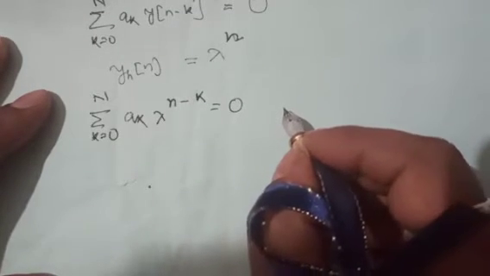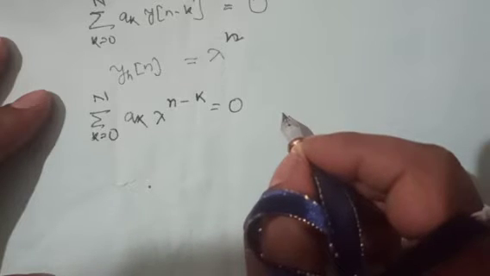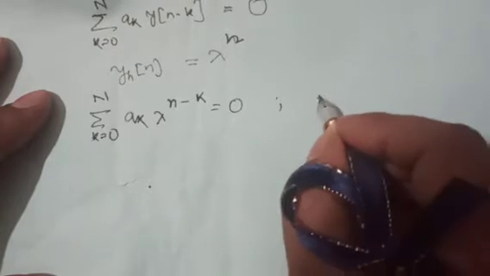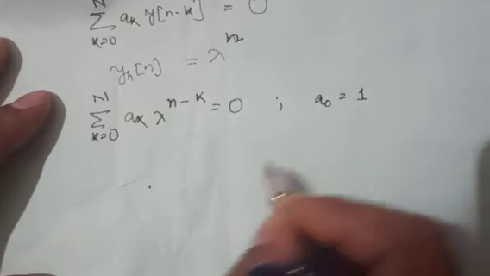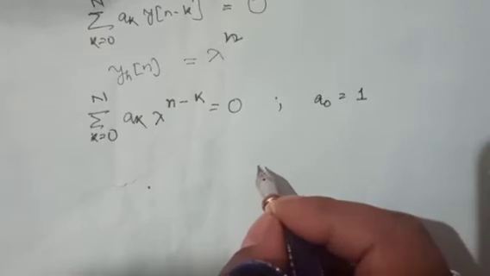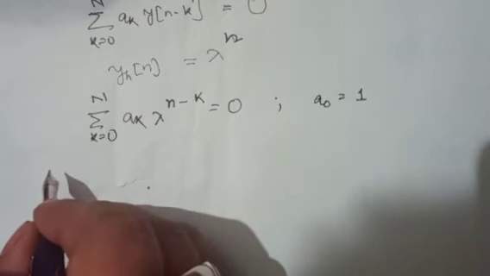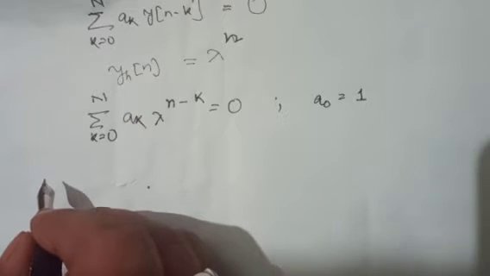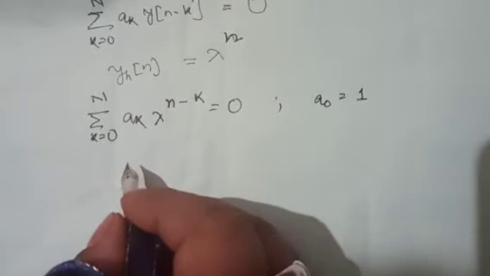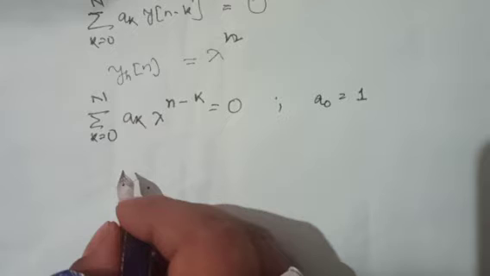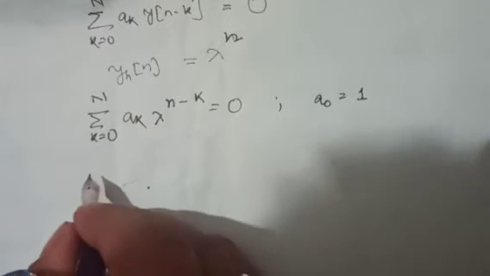Here we are assuming a0 is 1 for the time being; if not, we normalize by dividing the whole equation by a0.